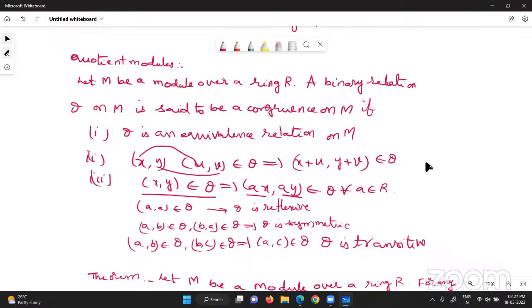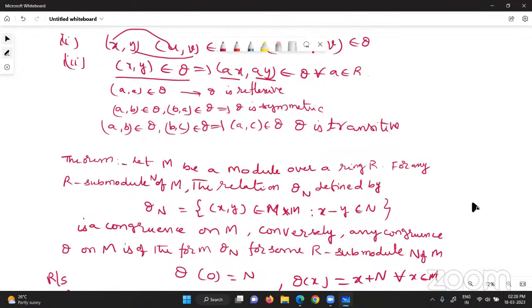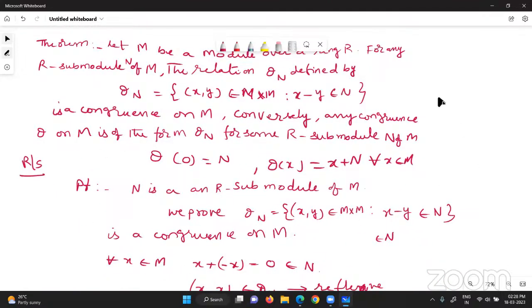A binary relation theta such that (x, y), (u, v) belongs to theta implies (x plus u, y plus v) belongs to theta, and (x, y) belongs to theta implies (ax, ay) belongs to theta. And we have seen the general form of a congruence on submodules.